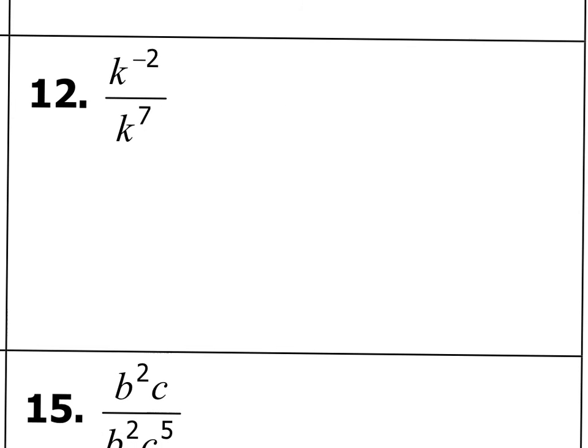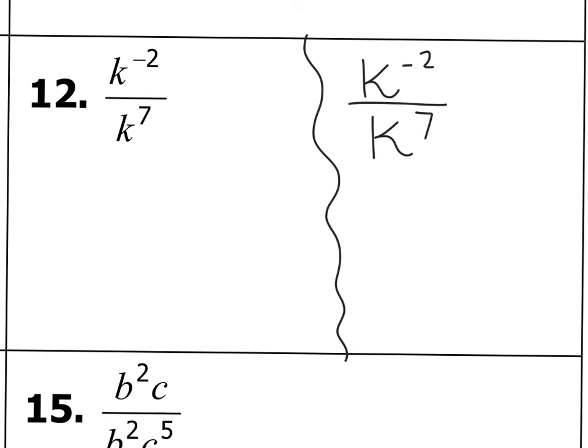Right here on number 12, I have k to the power of negative 2. So there's a couple ways I could solve this question. The first thing I could do is subtract the exponents.